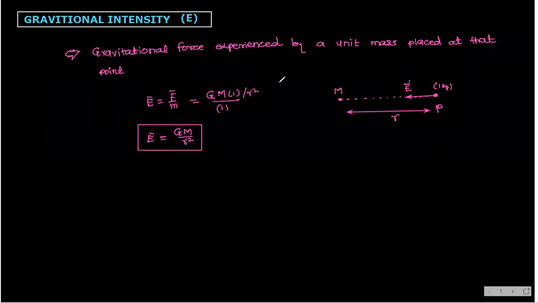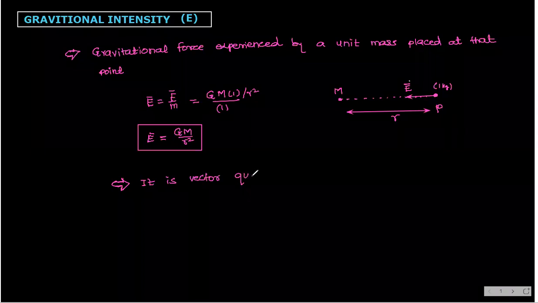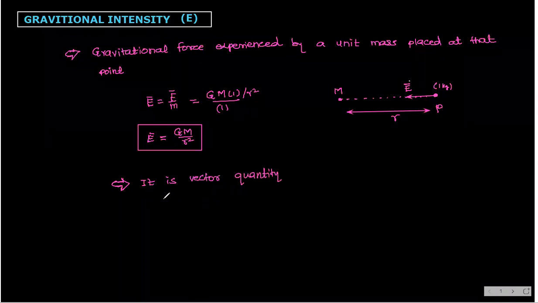Understood? So see here, one more point I want to add, that is this gravitational field intensity is a vector quantity. And what is its SI unit?